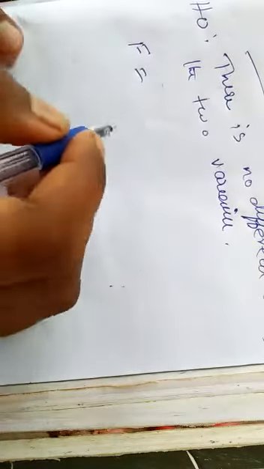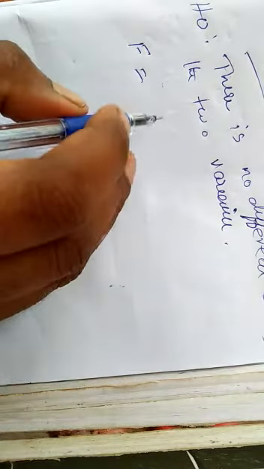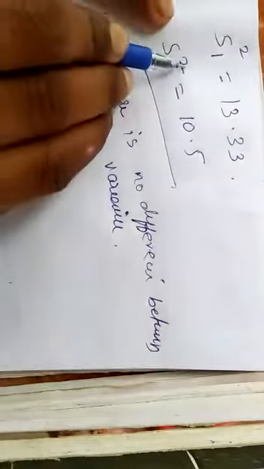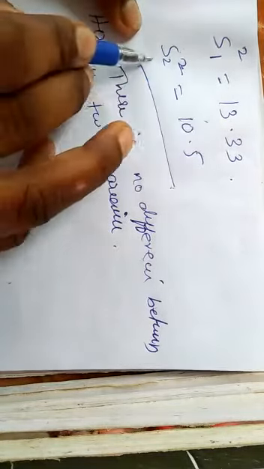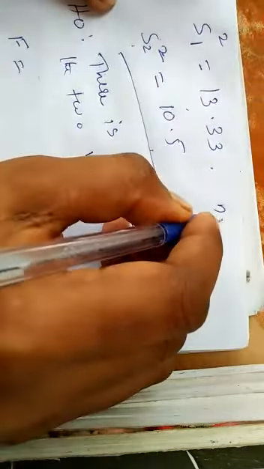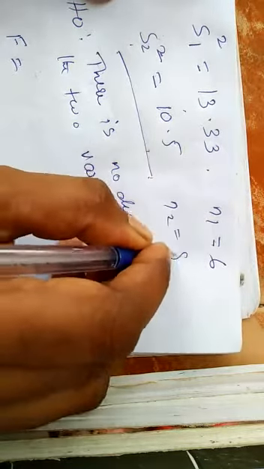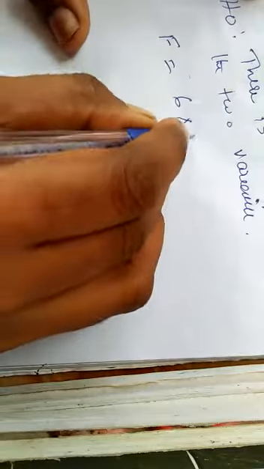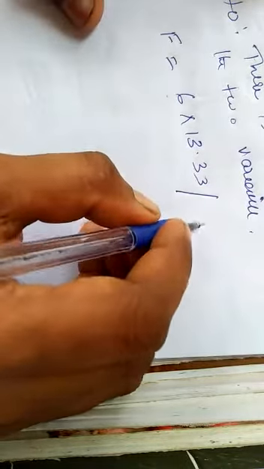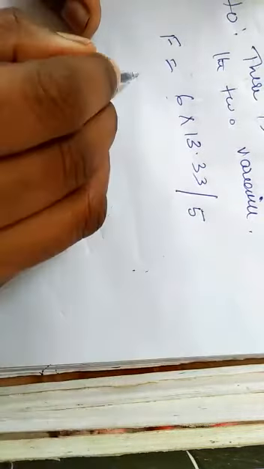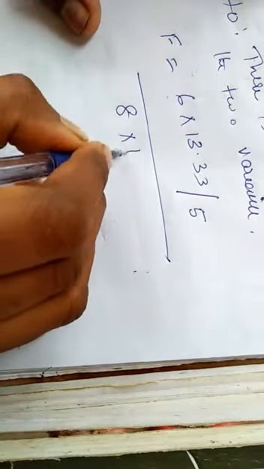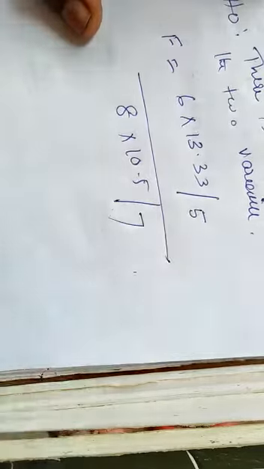Next, find the F statistic. We know S1 square is 13.33, S2 square is 10.5, N1 is 6, N2 is 8. So 6 into 13.33 divided by N1 minus 1, which is 5, divided by 8 into 10.5 divided by 7.